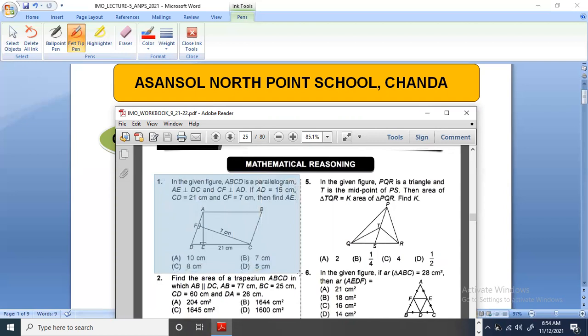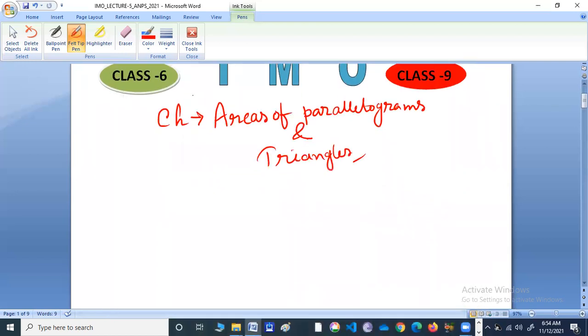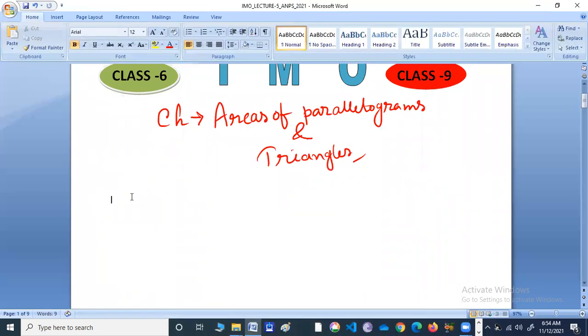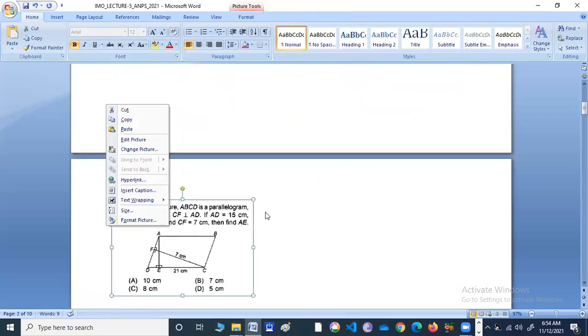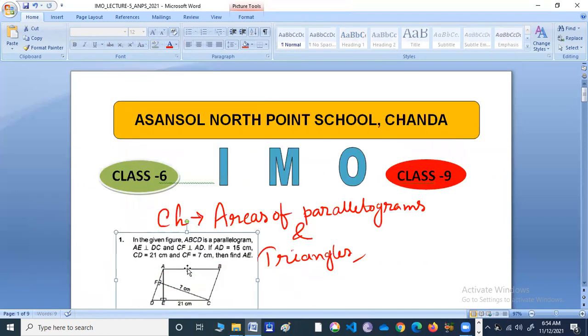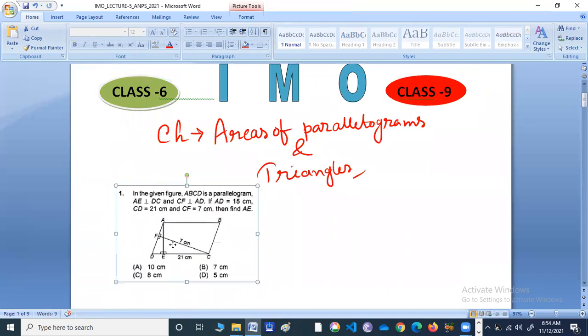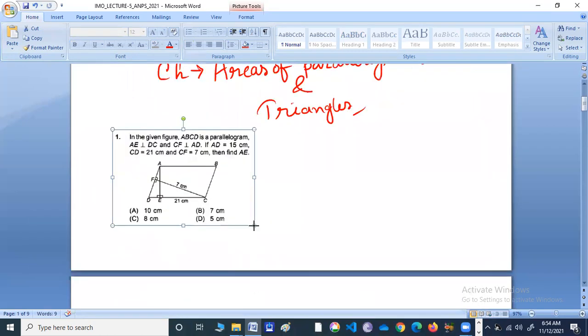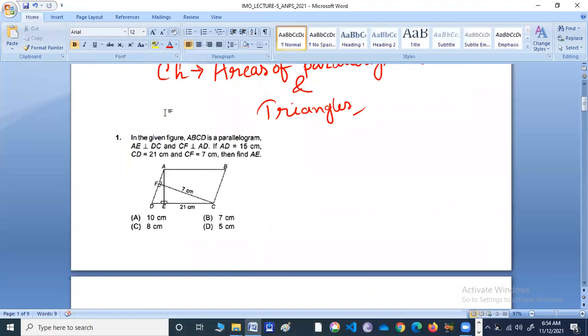See, the area formula of a parallelogram is base into height.